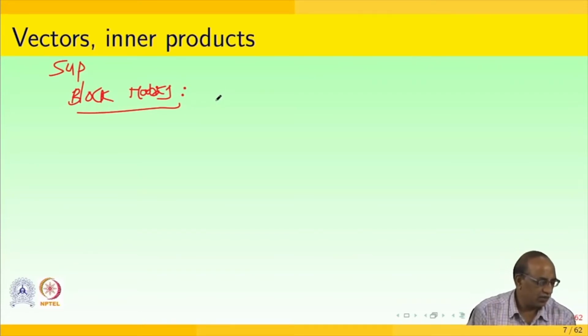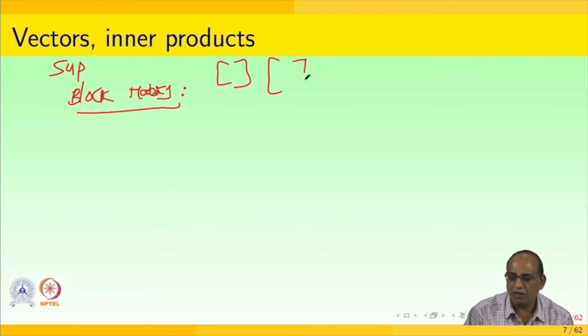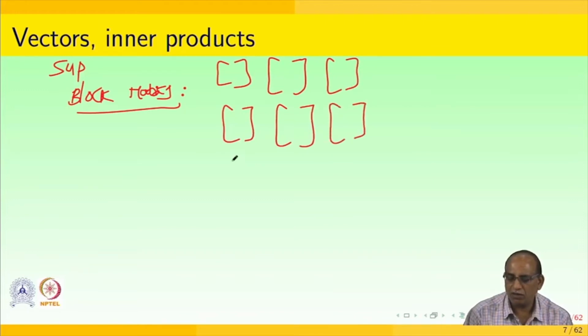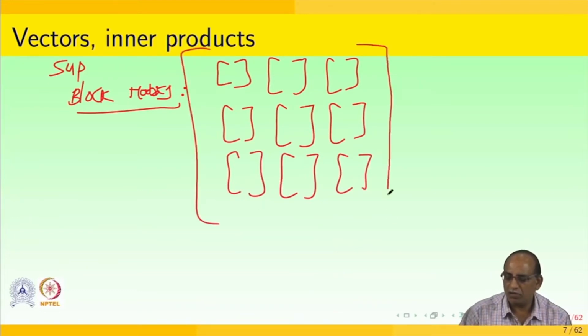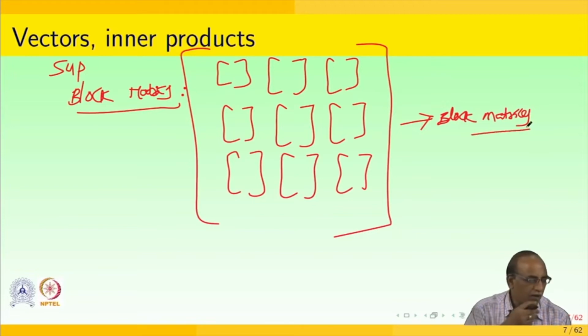That is, you will have blocks. So this is one block, this is another block, and so on. They are called block matrices.